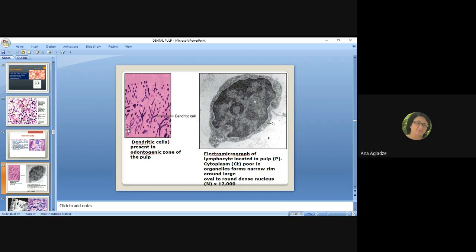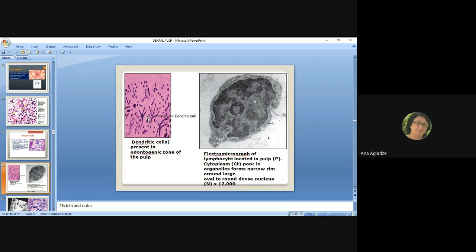I have to say some words about dendritic cells. Dendritic cells are antigen presenting cells, and they act as messengers between the innate and adaptive immune system.